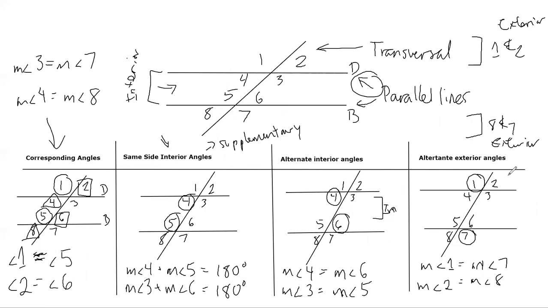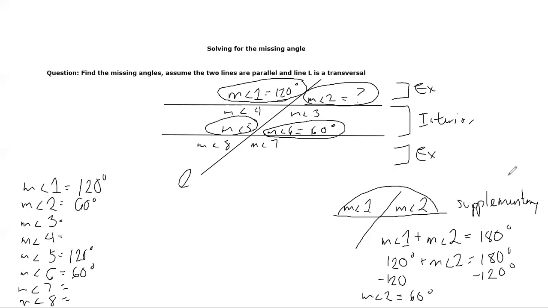But maybe I can use same side interior angles, right? We know that according to same side interior angles, same side interior angles would be like measure angle 4 and measure angle 5. And we happen to know what measure angle 5 is.